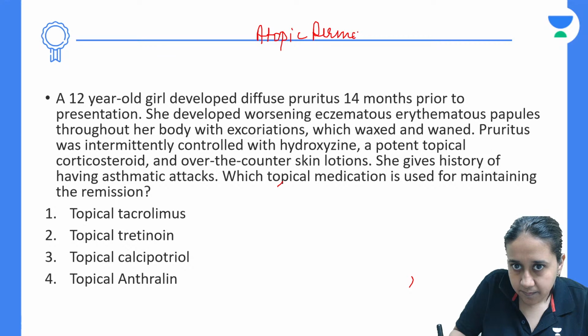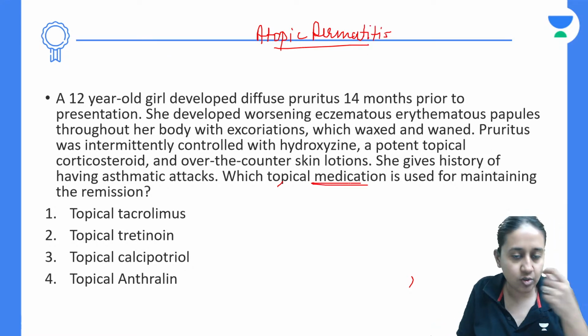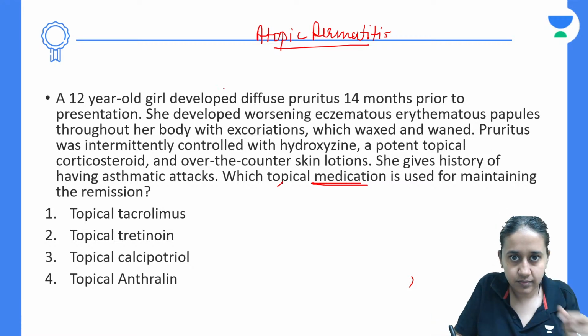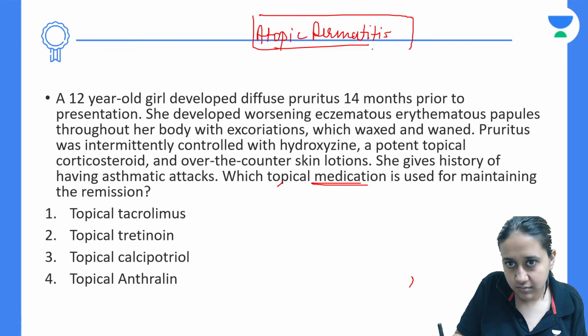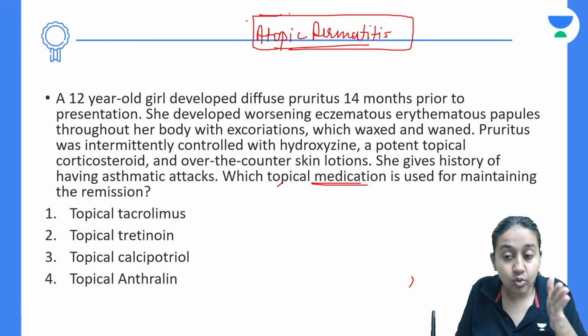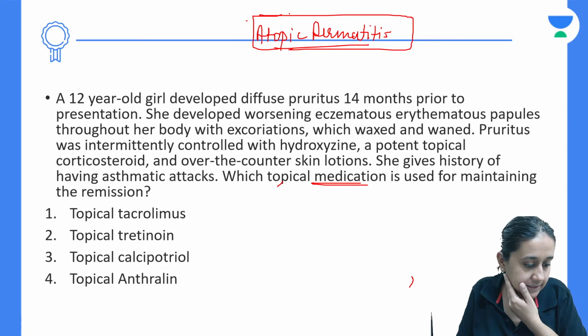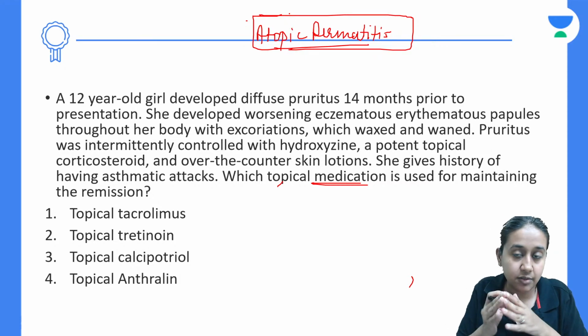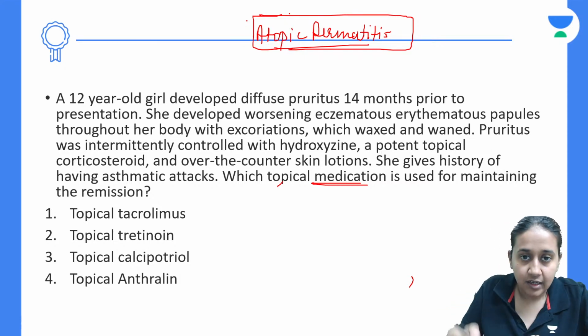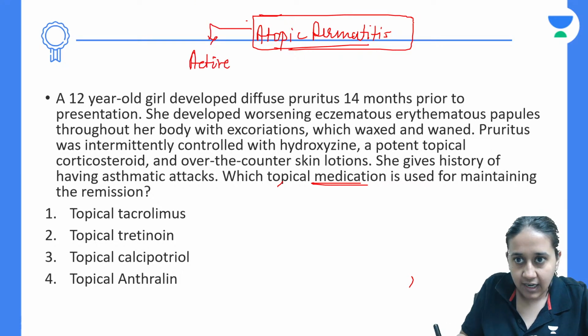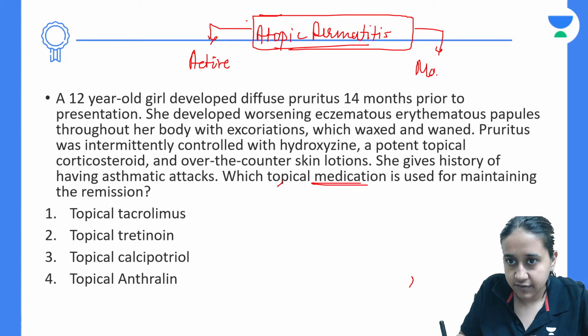The question is, what topical medicines will you be using in this patient to take care of these, or for maintaining the remission of the condition? We have different drugs for the active stage and different drugs for the maintenance phase.